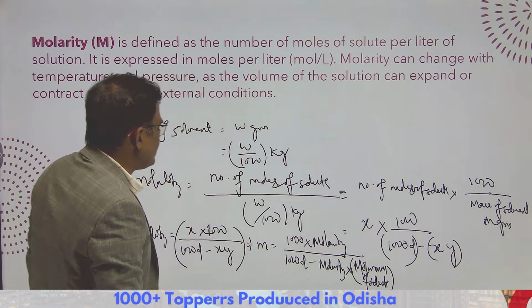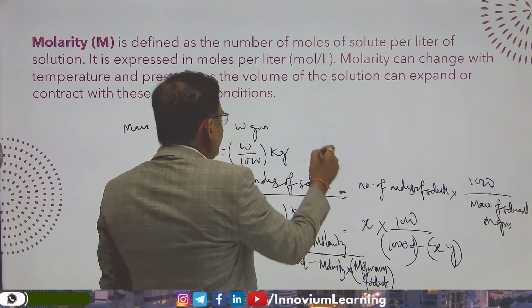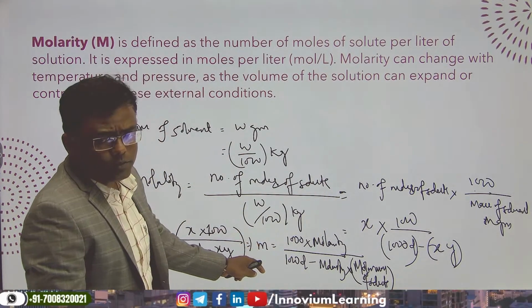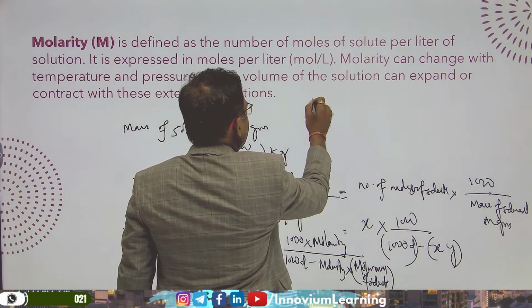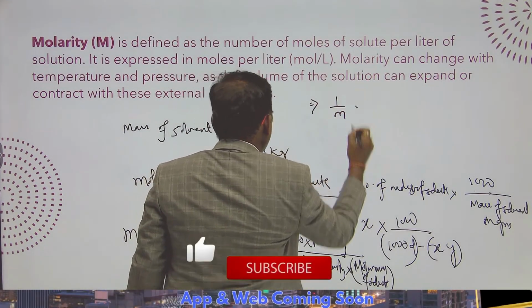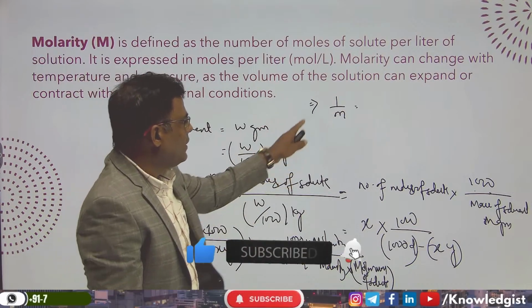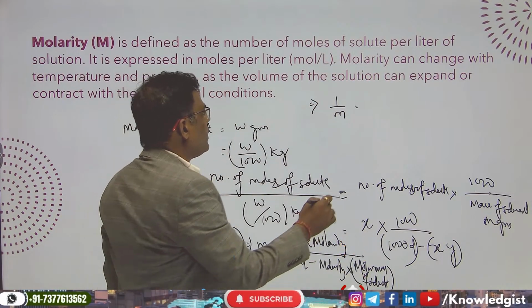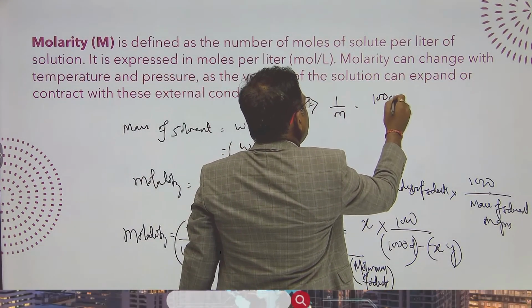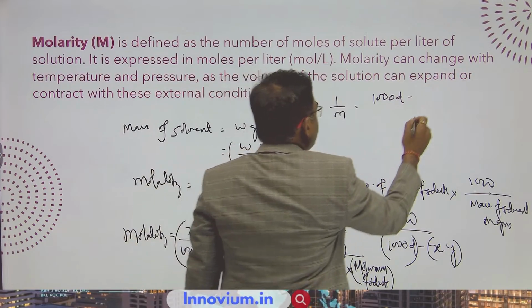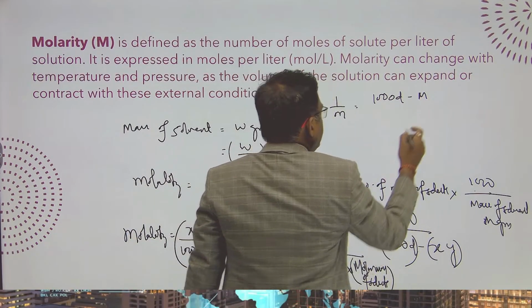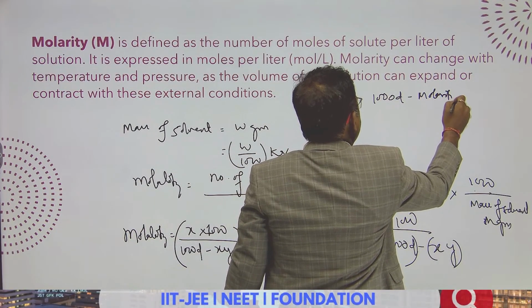This can be further simplified. How? Simply, if you take the reciprocal of this molality, then it becomes 1 by molality. Reciprocal of this molality, if you are taking here, then it becomes 1 by molality, becomes equal to what? 1000 D minus, this is molarity, correct?